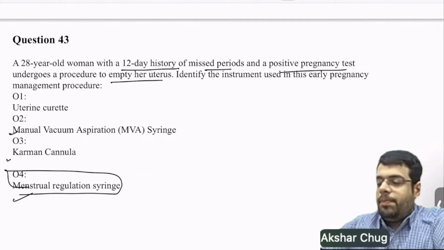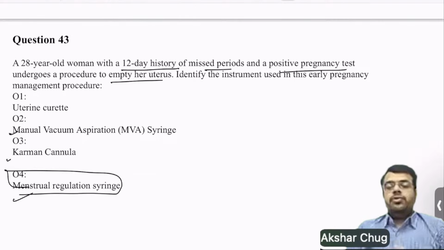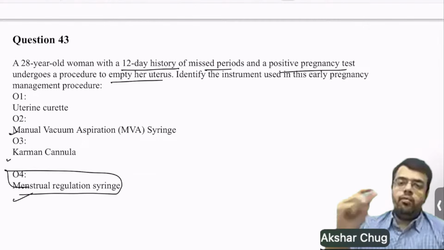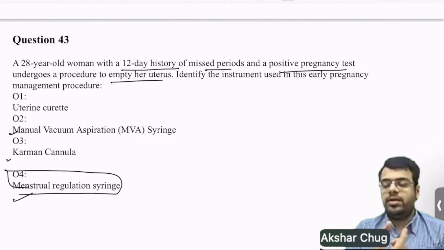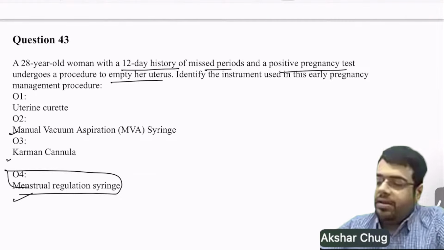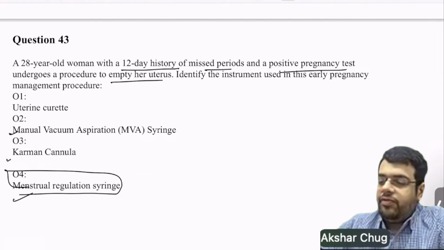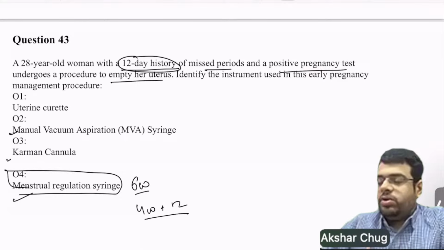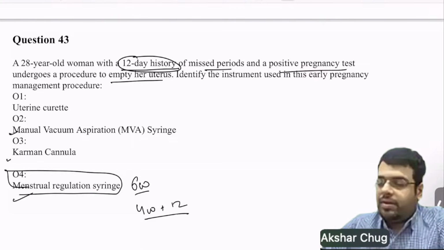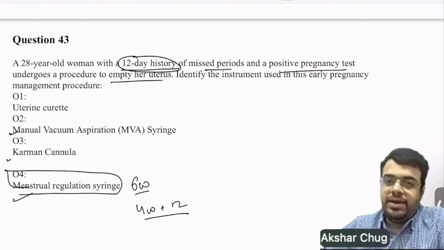The menstrual regulation syringe will only have one valve, whereas the manual vacuum aspirator will have valves on both sides. Also, the menstrual regulation syringe can be used up to 6 weeks of pregnancy. Here we are given a 12-day history, which means 4 weeks of the last month plus 12 days, so she falls within the range of 6 weeks. So the answer here was menstrual regulation syringe.